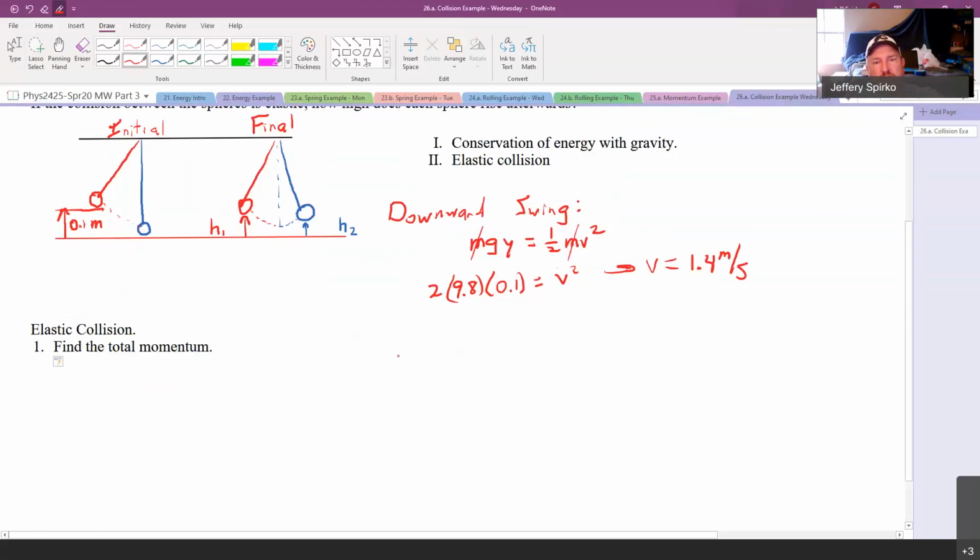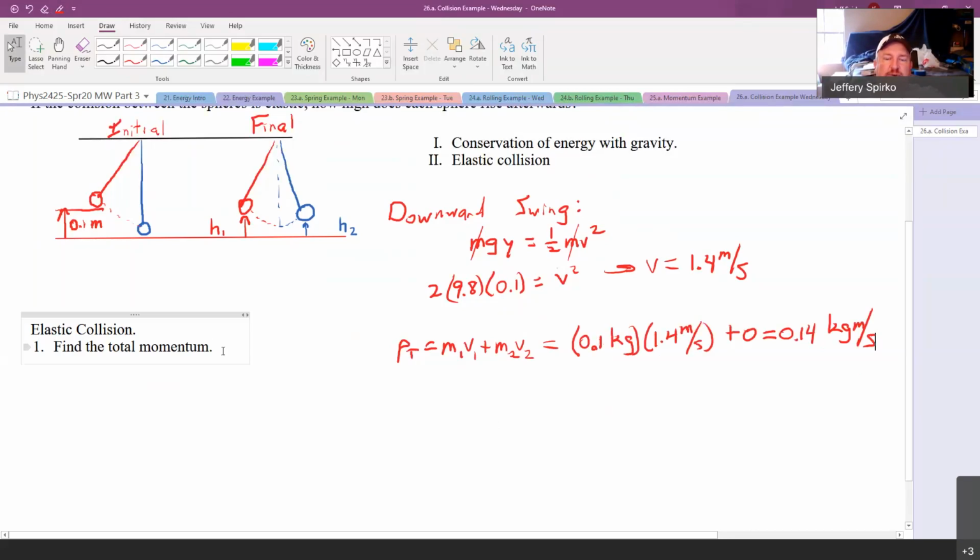So we're going to find P total is equal to m1v1 plus m2v2, and this is 0.1 kilograms times 1.4 meters per second plus 0 equals 0.14 kilogram meters per second. So that's the first step in finding the center of mass velocity.